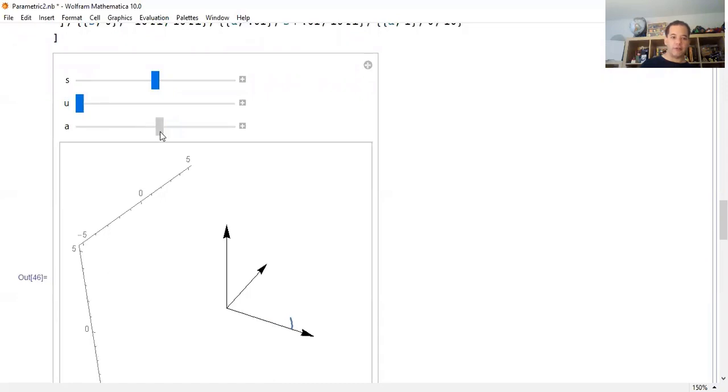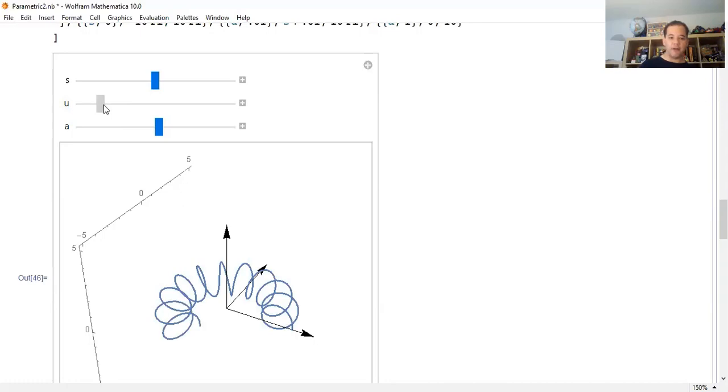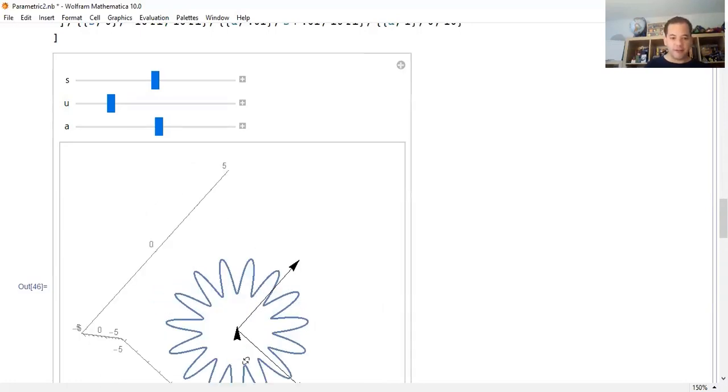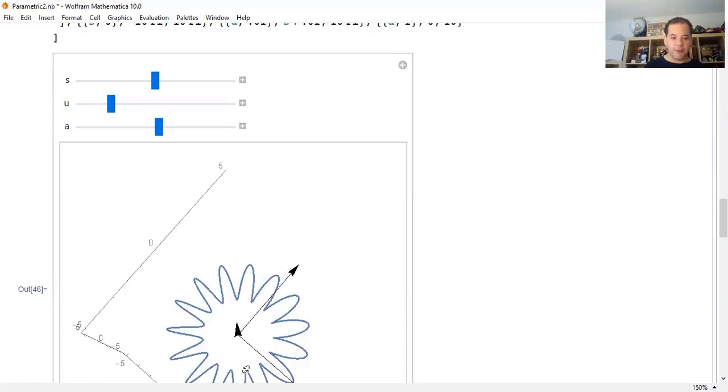So here is what's happening. The x and the y sort of go around, but they have some oscillations, and the z goes up and down, up and down, up and down. And this is the shape. Neat, right? From the top, it looks like this.